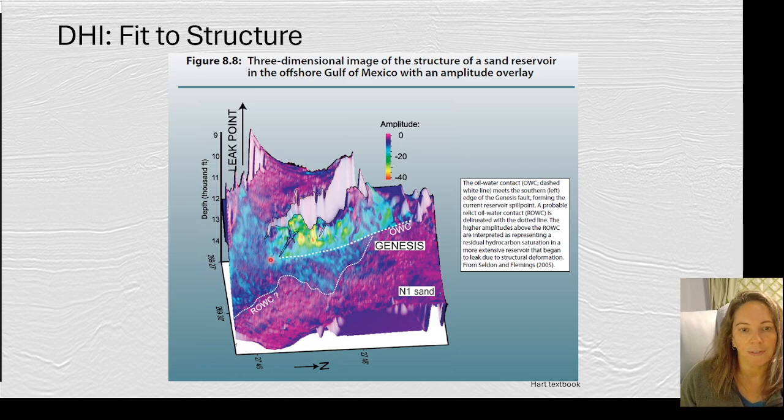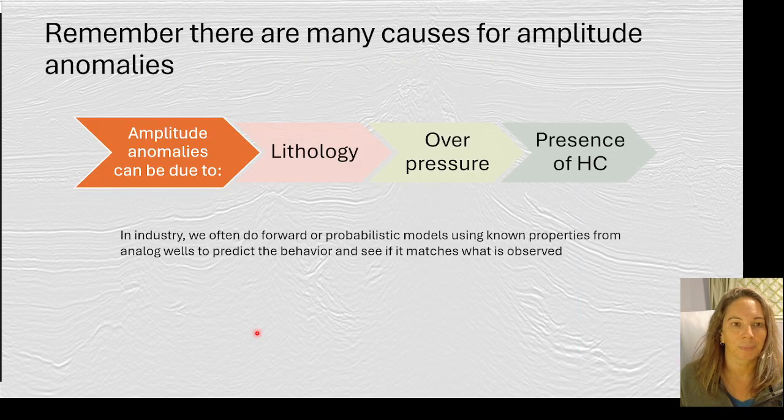And we do notice a faint signal in here of perhaps an area where there used to be hydrocarbons. And so I think they call it an ROWC potentially. So maybe a remnant oil-water contact, so like a paleo contact where the hydrocarbons were before they were able to leak out through that fault zone.